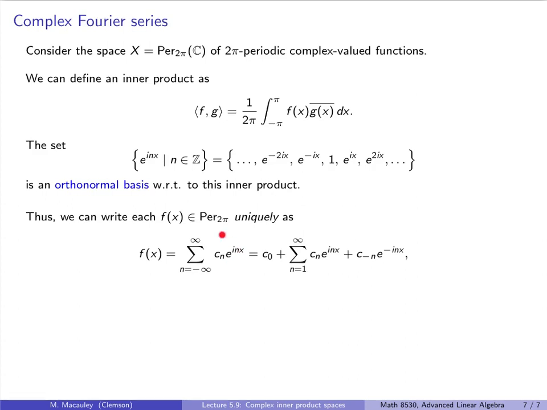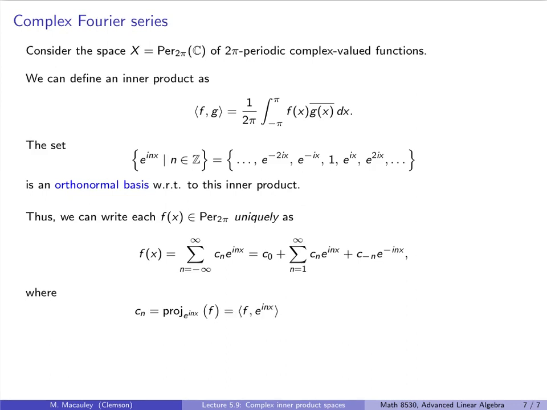Now, some people don't like writing this as a double infinite sum, so what you can do is just pull out the constant term, c naught, and then write it as an infinite sum from 1 to infinity of c_n e to the i nx plus c_minus n e to the minus i nx. And as before, c_n is just the projection of f onto this unit basis vector, e to the i nx.